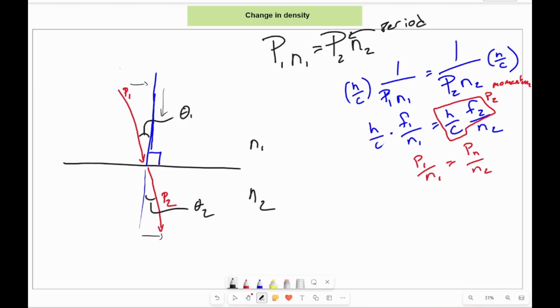And so this would be px1, py1, py2, px2. So we're going to say as this light comes in, px1, the parallel component relative to the surface, is not going to change the momentum.